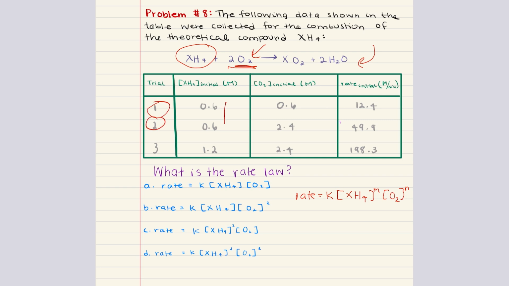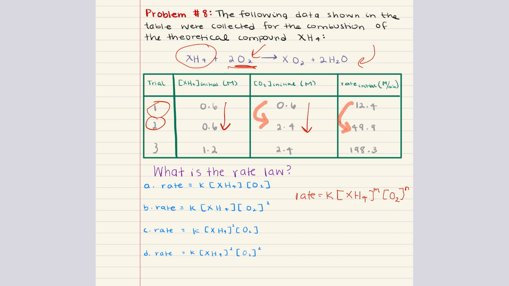Notice how the concentration of XH4 remains the same, but the initial concentration of O2 changes. That's perfect because now we can compare the direct relationship between modifying the concentration to the changes that happen to the rate approximately, and then find what that factor is and work backwards to figure out the order.